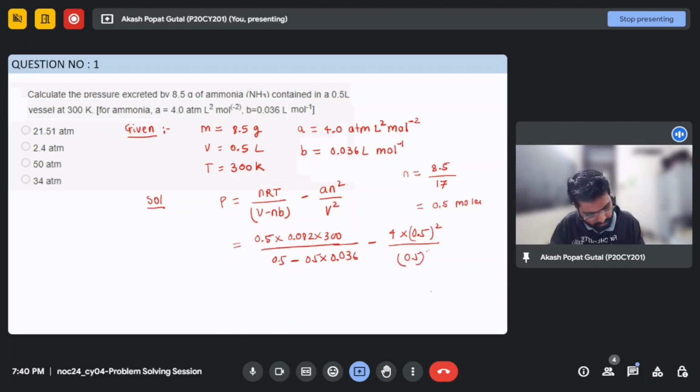V is also 0.5 squared, so this will get cancelled.